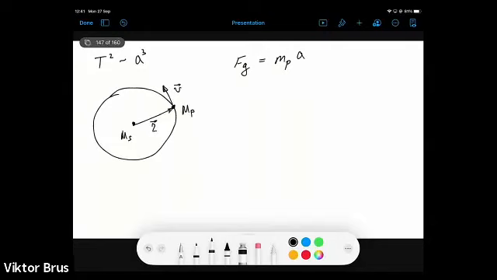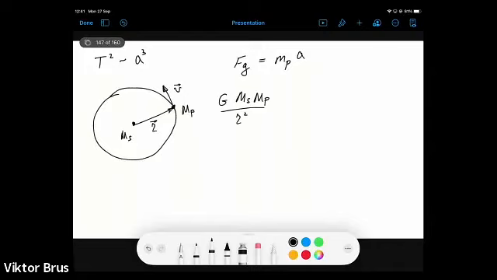So in the left side, we have the gravitational force. We already have an equation for this gravitational force, which is the universal gravity constant times the mass of the sun times the mass of the planet divided by the radius squared.